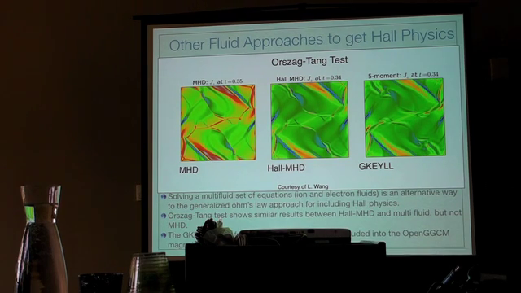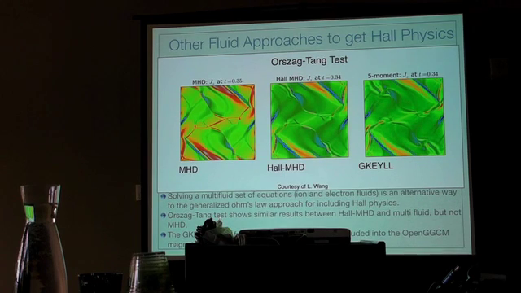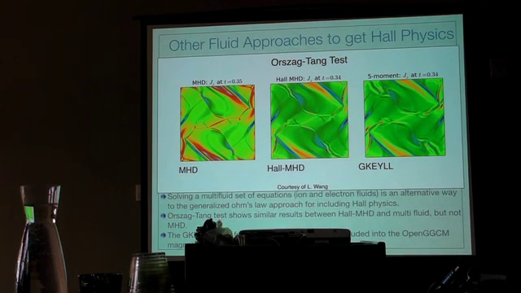So this is a test case, Orszag-Tang test. And in this case, what they're trying to do is they're taking the multi-moment, multi-fluid code and embedding it into OpenGGCM as an alternative to the generalized Ohm's law approach. And this is just a simple Orszag-Tang test. That's a standard test for MHD plasma codes.